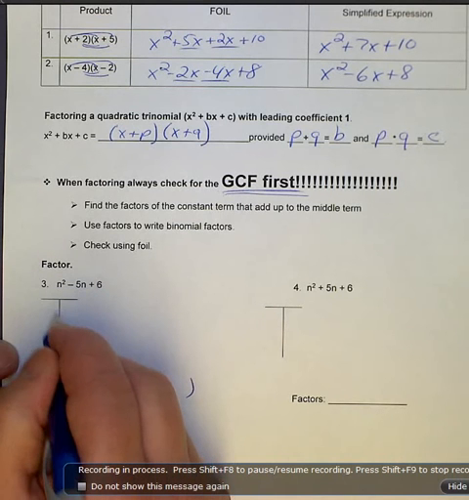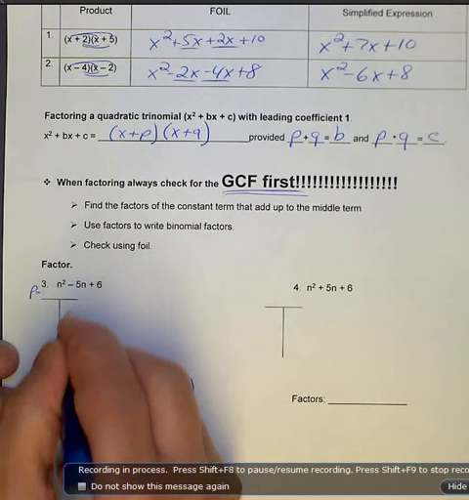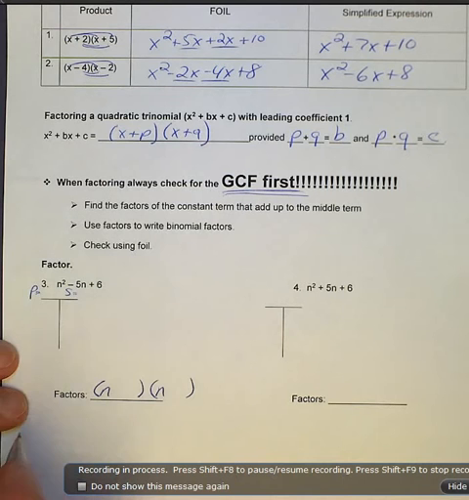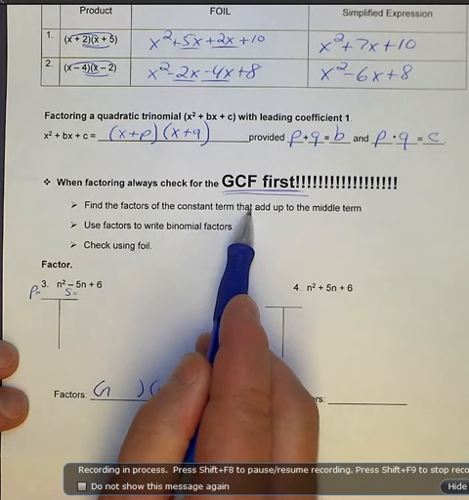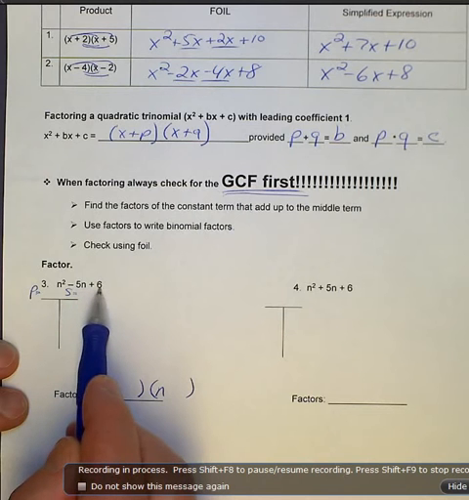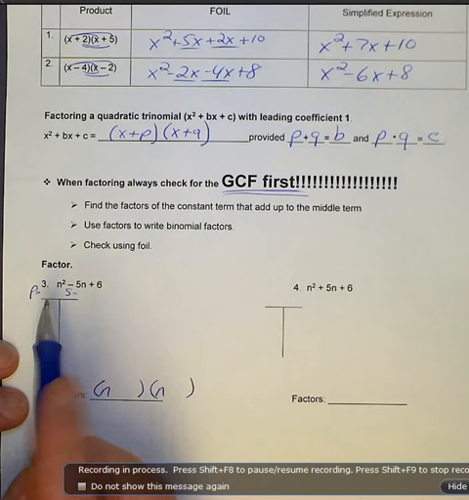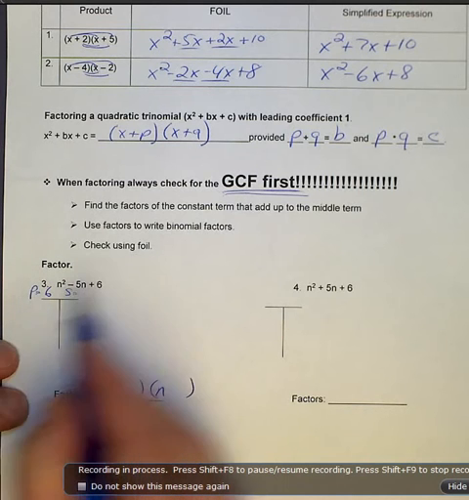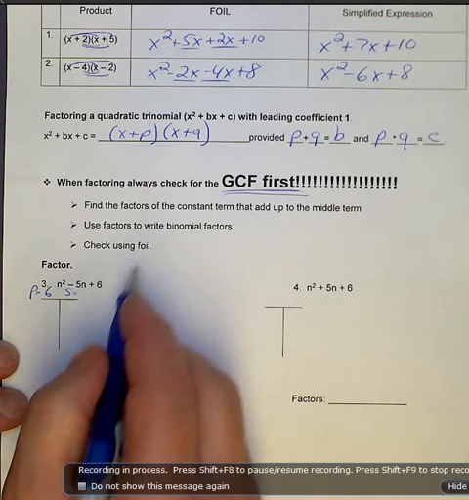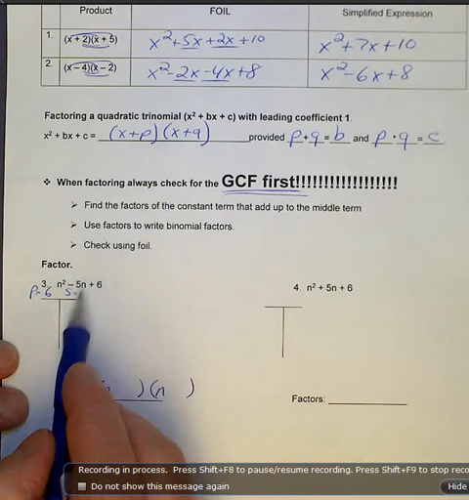So it looks like a T. We're going to write the product here and the sum here. And when we're talking about the product, we're talking find the factors of the constant term. Which one's the constant term? The 6. So the C value, the constant term goes here. Product, the factors of 6 that add to the middle term. The middle term is the B, so it's negative 5.